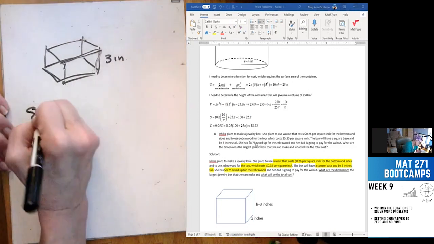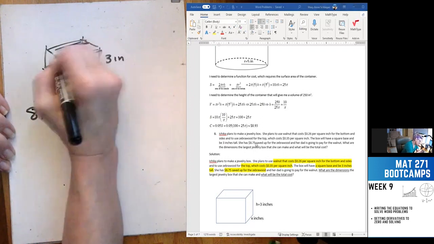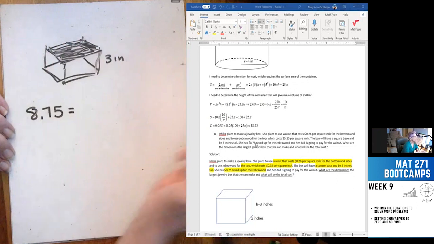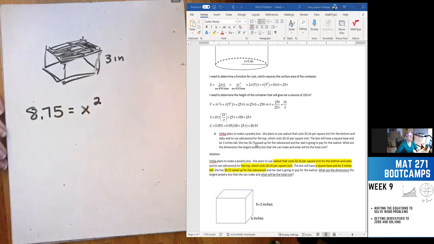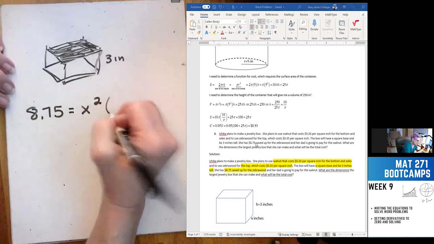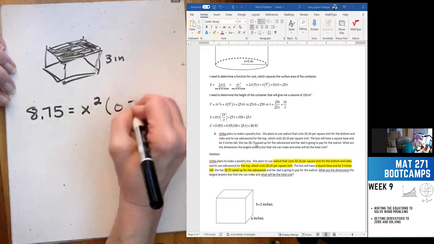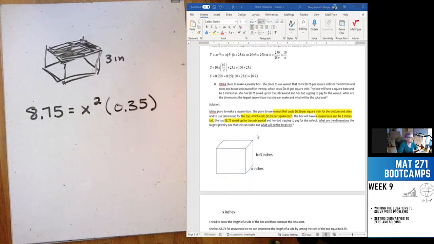So she has $8.75 is equal to the area of the top of her box. And the top is going to be a square. So x squared times the cost of zebra wood, and the zebra wood, I looked it up, is 35 cents a square inch.